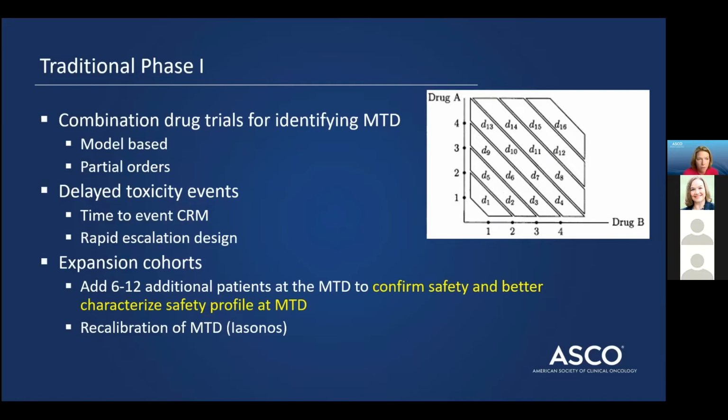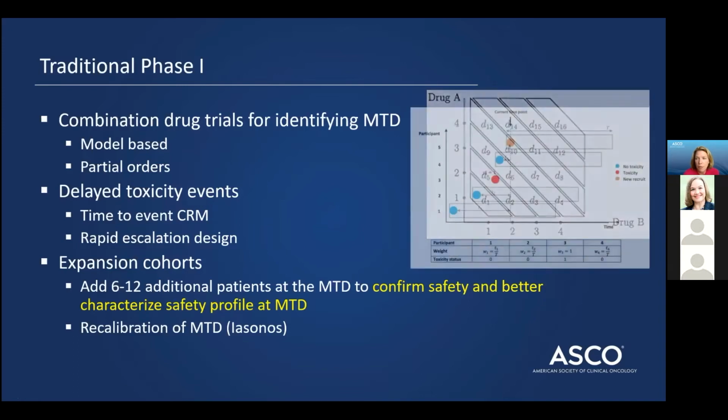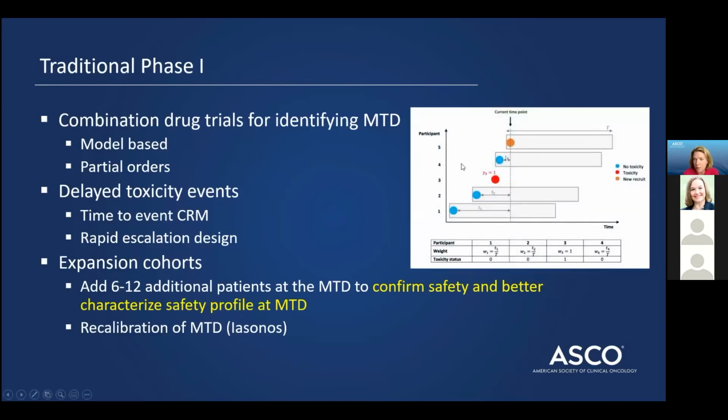There has been a lot of work on delayed toxicity events. The time-to-event CRM was developed by Ken Cheung and further developed by others. The rapid enrollment design, the RED design, was developed by Ivanova. This shows an example of the idea behind some of these designs, where you expect that toxicities will be delayed.